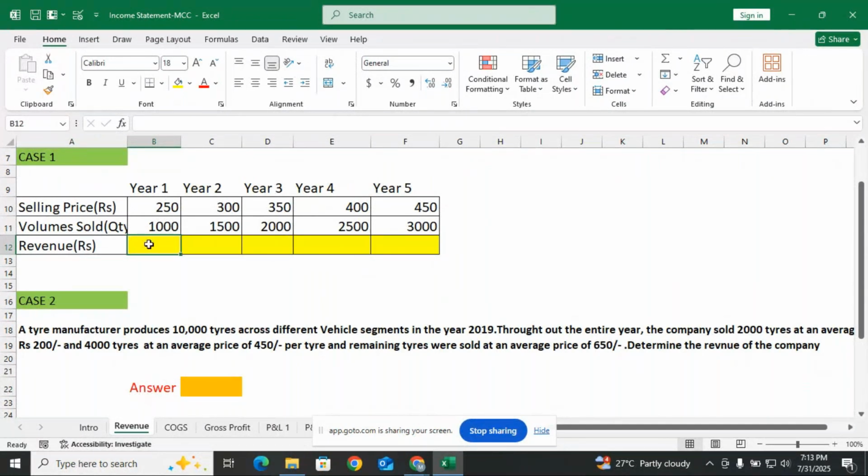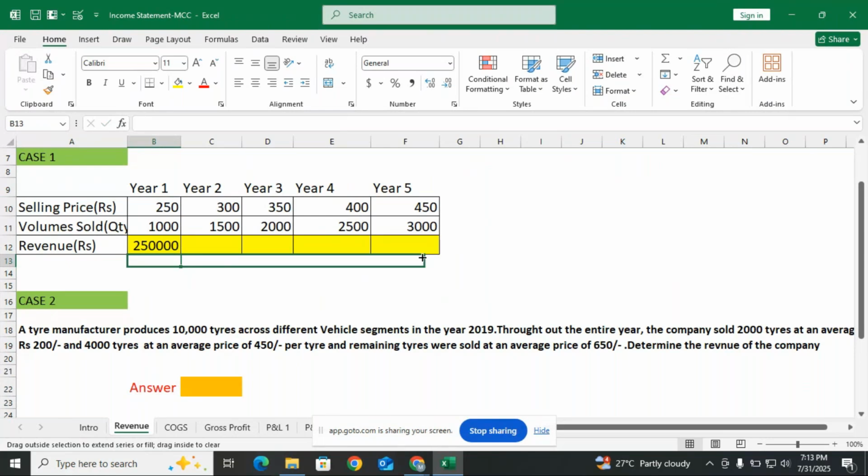So how do you do it? Equals to, you can also apply the product function which I have taught you. Anything would hold good. So 2,50,000 is the revenue generated for year 1.